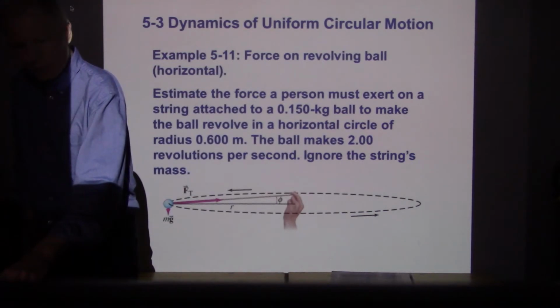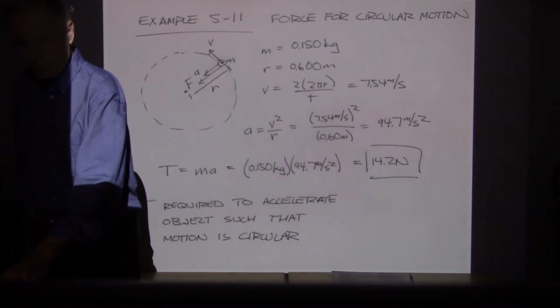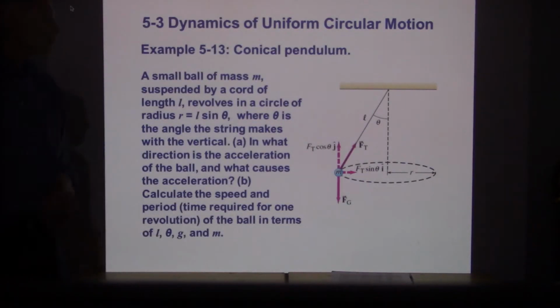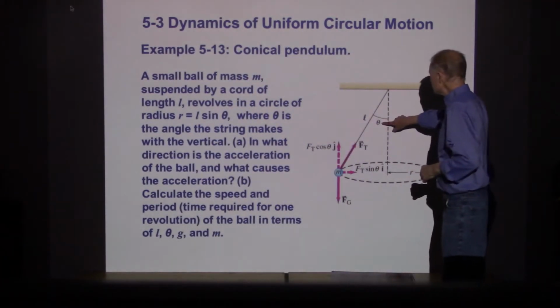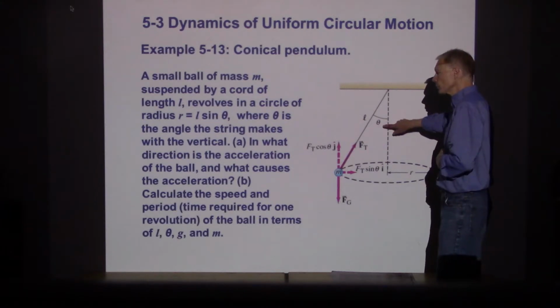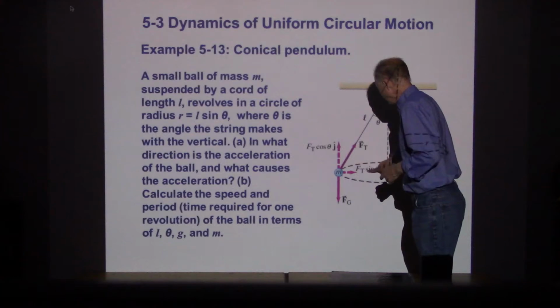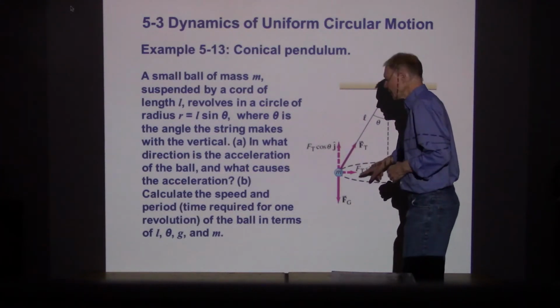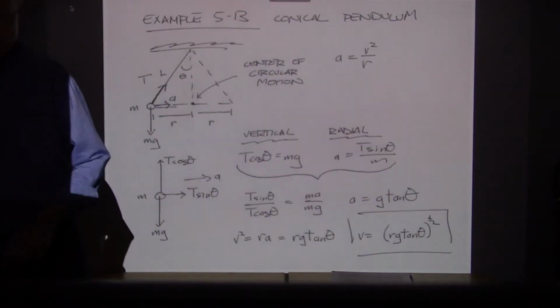And so they've just said that that's going to be a small amount. They've ignored it. But this time they're not. This time they're saying what happens if this is a measurable angle. It's a significant angle here, which it is in this example. Well, what that has led to is just some components. So we're just going to have to pay attention to components when we start setting up the force diagrams.